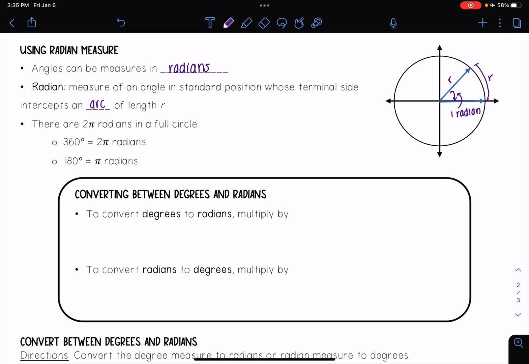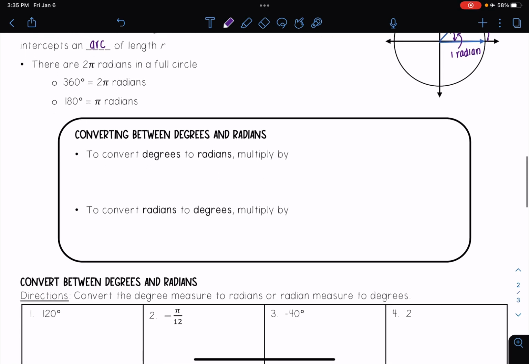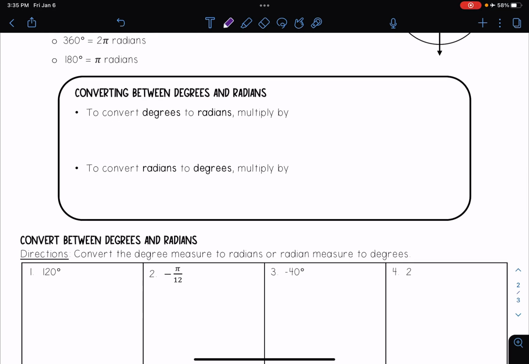Some properties that we have here: there are 2 pi radians in the full circle. So that means that 360 degrees is equivalent to 2 pi radians, and 180 degrees is equal to pi radians. And so we can easily convert between degrees and radians by multiplying by a certain measure.